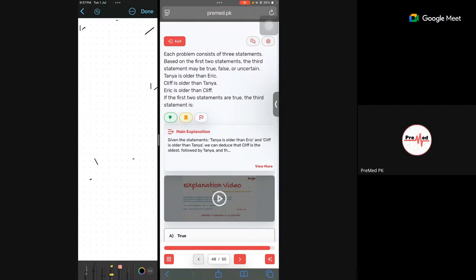Each problem consists of 3 statements. Tanya is older than Eric, and Eric is older than Cliff. So Cliff is actually older than Tanya? They are saying that if 2 options from the above are correct, then tell whether the third option is correct or not.